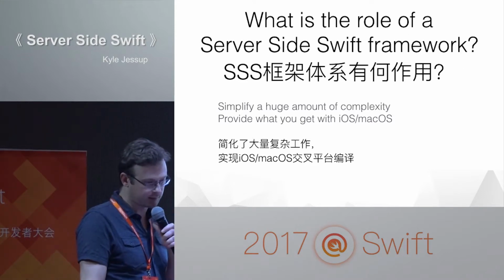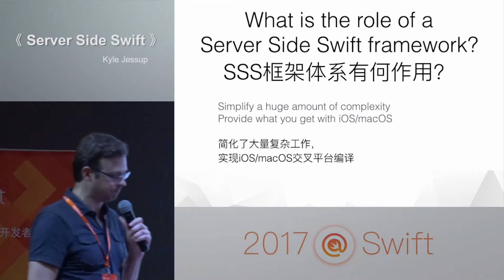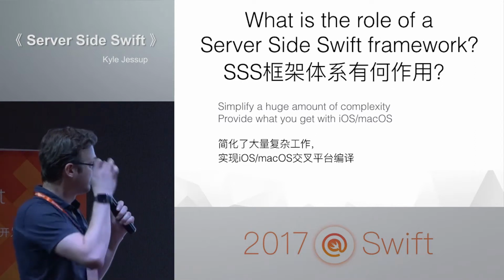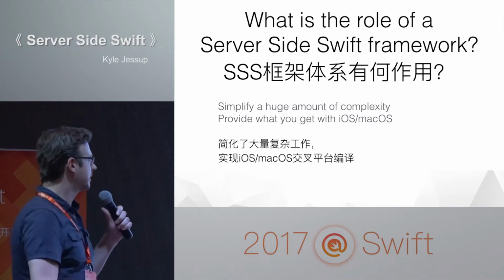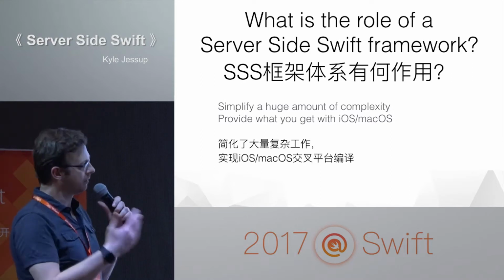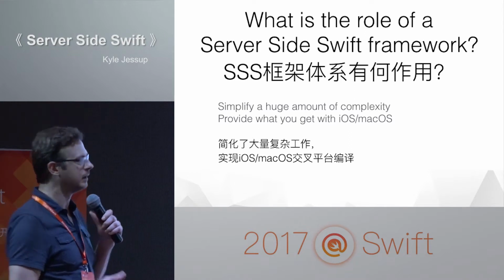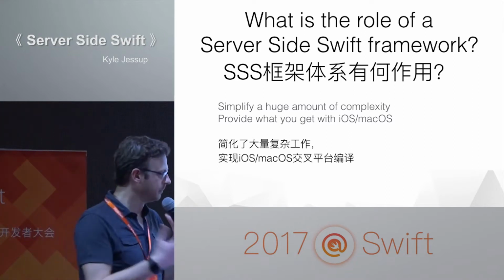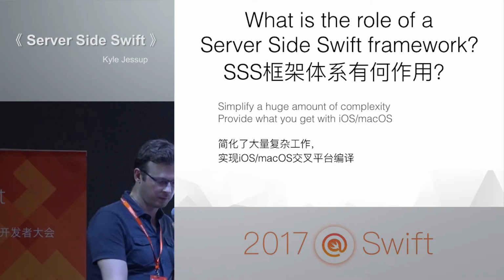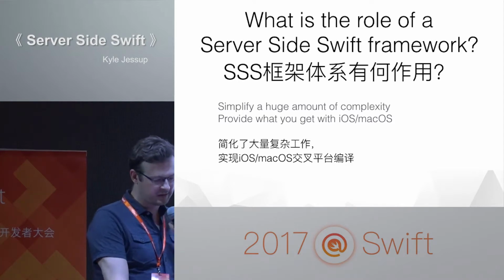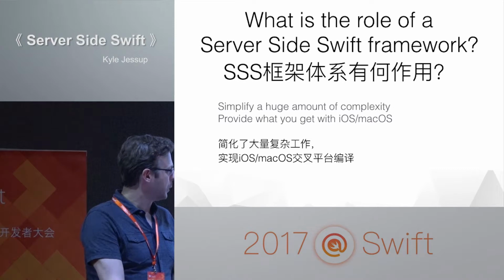It's what you would expect if you're using UIKit or something like that. You expect to get a lot of things for free and have a lot of decisions already made, and you just fill in the blanks with your actual important code.